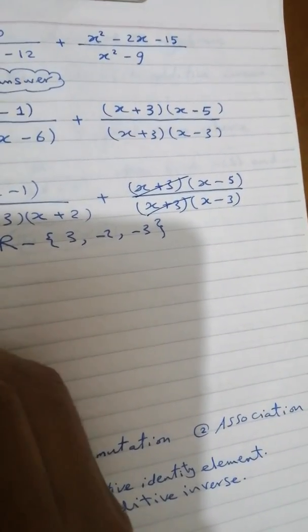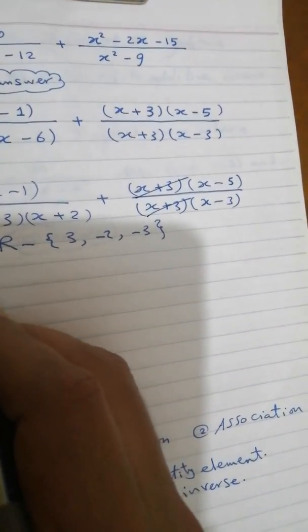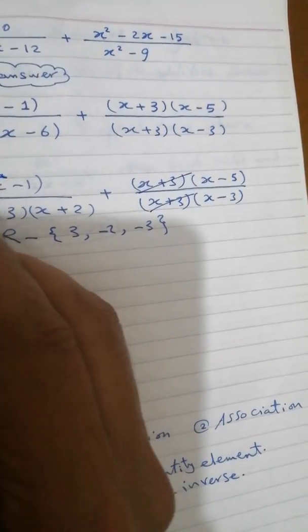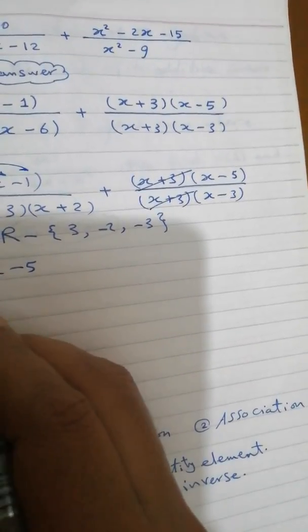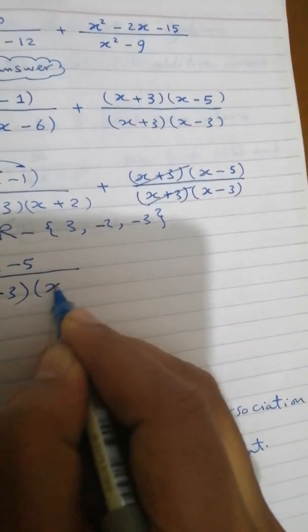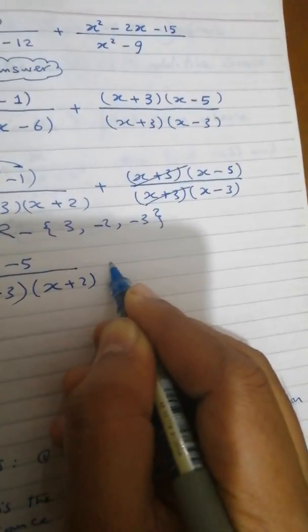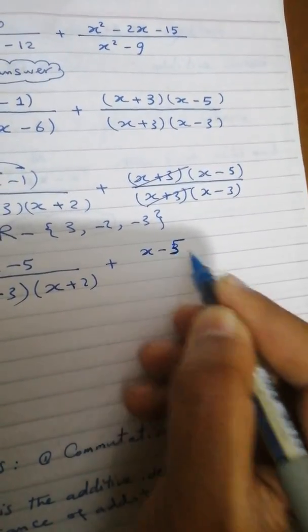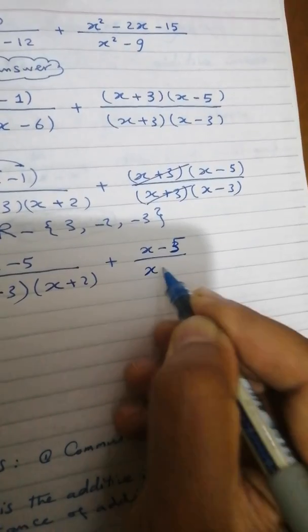Then we have n of x equals (5x minus 5) over (x minus 3)(x plus 2), plus (x minus 5) over (x minus 3).